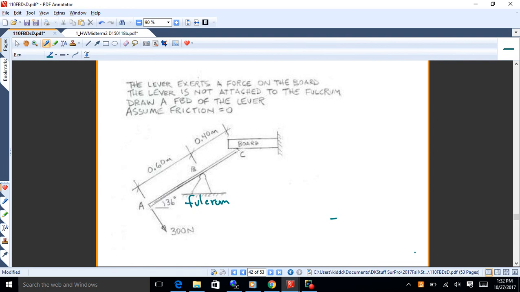Also remember to show what's happening to the bar. The deal is to draw a free body diagram of the lever, the bar, whatever you want to call it.